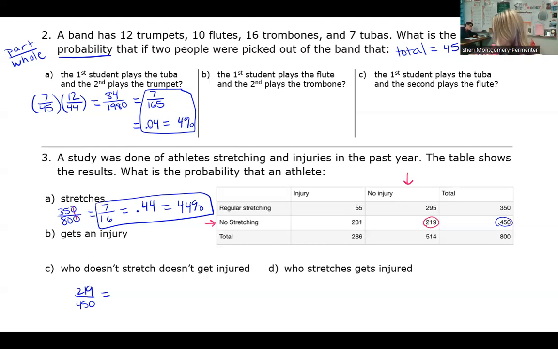Let me know when you get a reduced fraction. Very good.